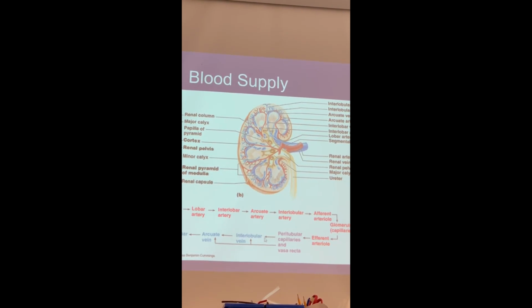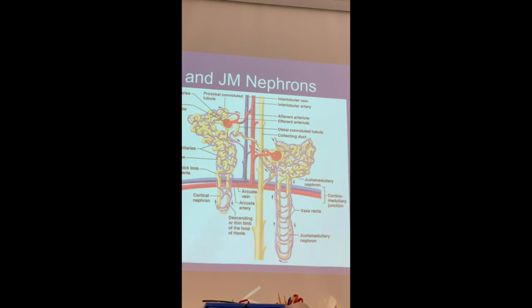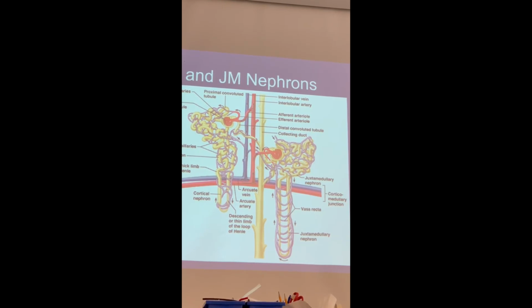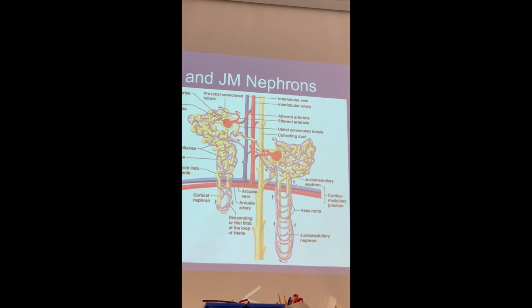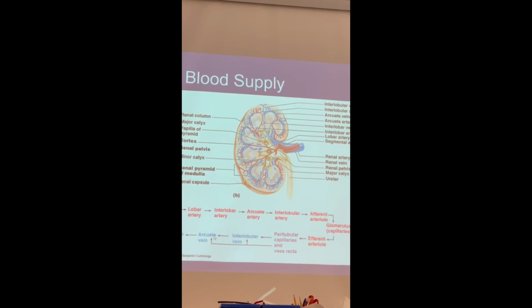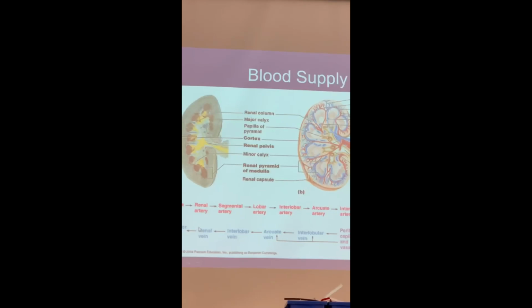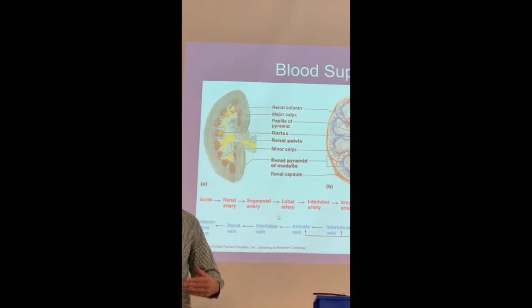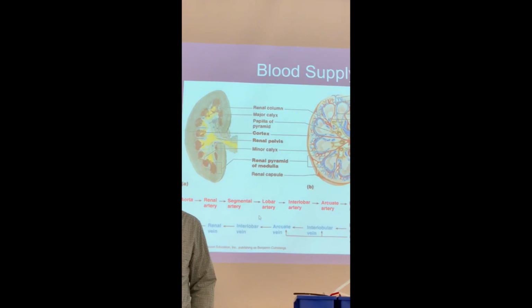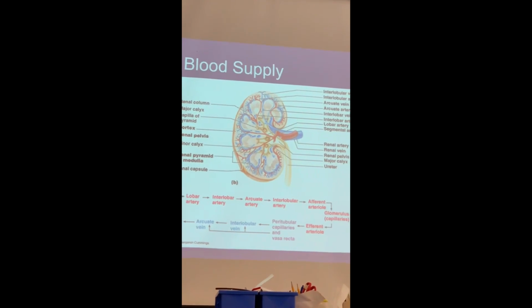It can drain through interlobular veins, as we see here. It can drain back in there. And in some cases, it goes directly into the arcuate vein. And then interlobar back to the columns, and then finally down the renal vein. Okay, so you can see we've distributed that blood in an organized fashion to each of the million nephrons or so that are in each kidney.